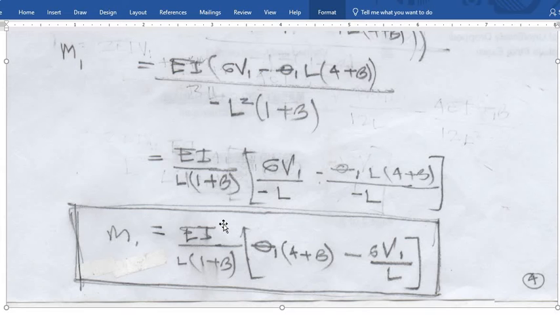So, here it is. Theta 1 all over negative, negative divided by negative becomes positive. And L over L cancels out. So, this becomes theta 1 times the quantity 4 plus beta. And then, 1 divided by negative would simply be negative. So, this is minus 6V1 all over L. So, this is now our equation for M1.